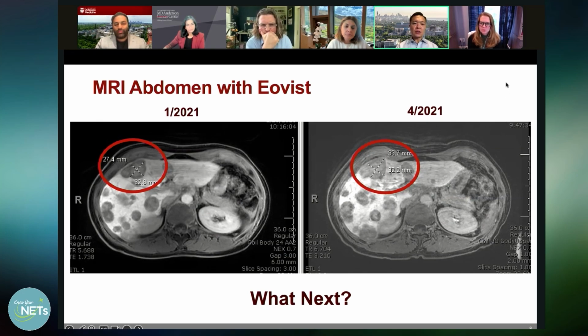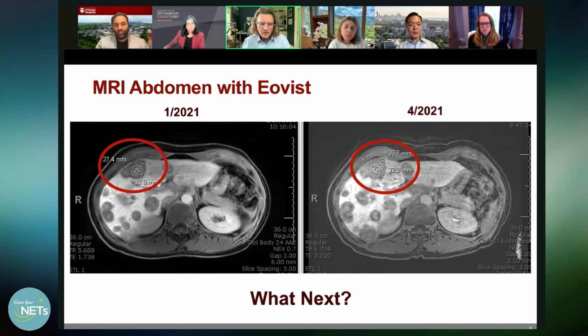For the medical oncologist, would you change the systemic therapy at this juncture? I would not necessarily do it, but I would obviously start prepping for it. There is progression, there is an increase in the serotonin, and symptoms might be worsening. And we know that radioligand therapy with lutetium does help with symptoms.